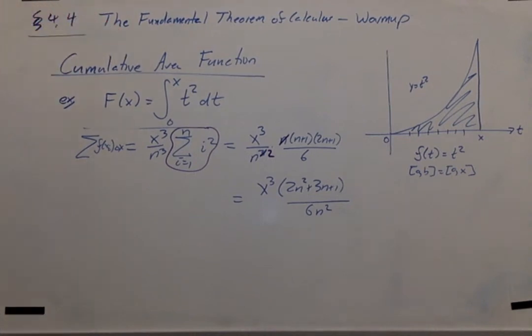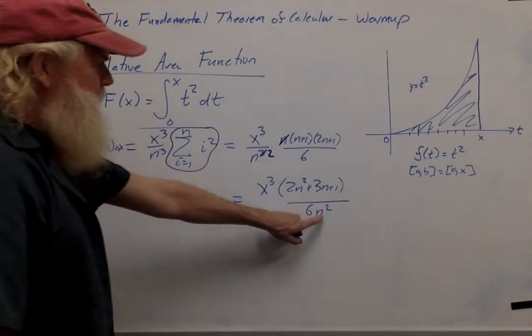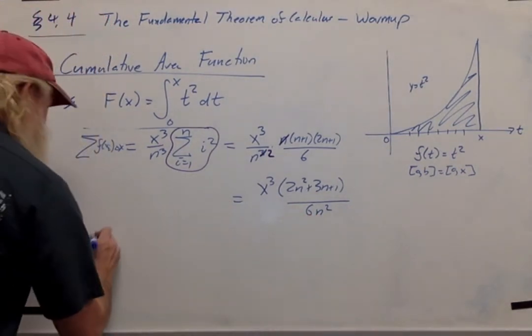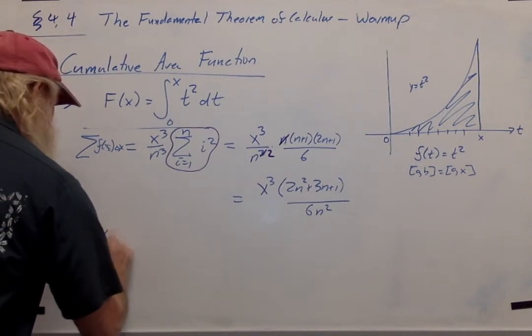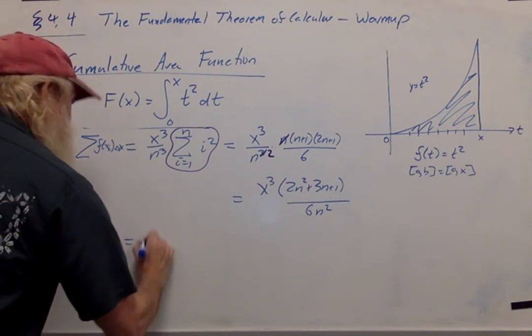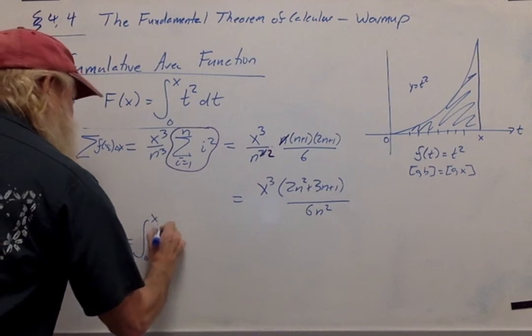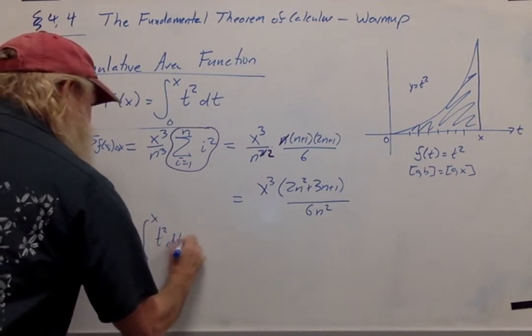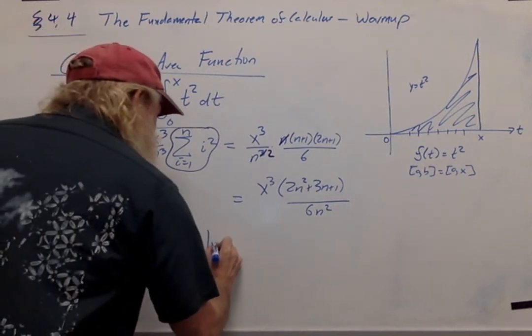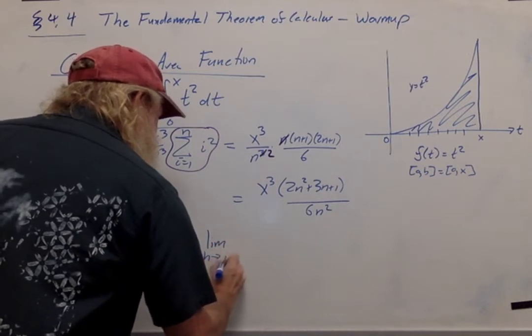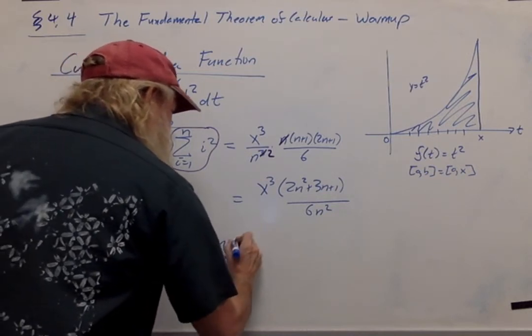And finally, we'll let the number of rectangles go to infinity by letting n go to infinity. So the integral from 0 to x of t squared is going to be the limit as n goes to infinity of this Riemann sum.